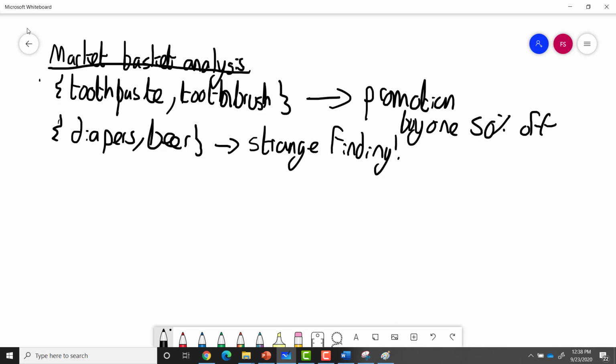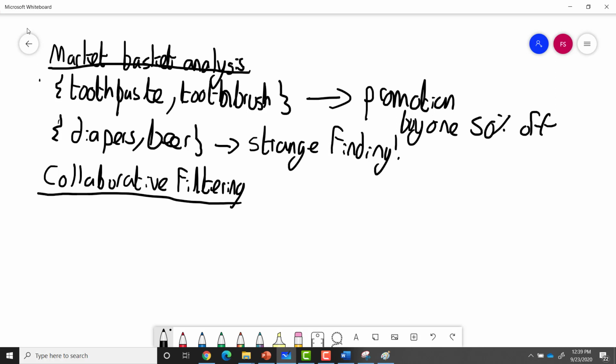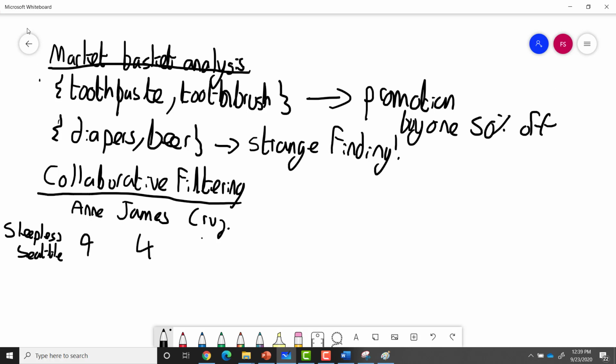The next one is what I call collaborative filtering. Again, the idea is, say we have 3 people. And we have what we call the chick flick Sleepless in Seattle. Maybe Anne would rate it like a 9 out of 10, and James and Cruz would be 4, 5.